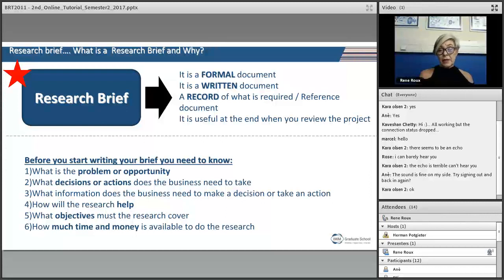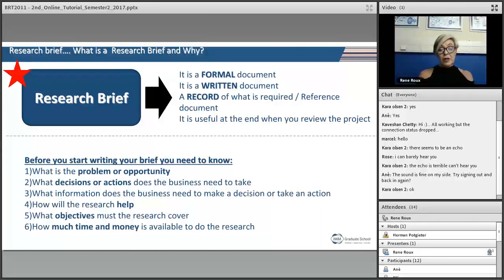It should be written because that is the record of what you, as the research buyer, require from a research agency. The research agency can also use it as a reference document for future purposes. And it's also very useful at the end of your project to see if you really met the requirements of the research brief.